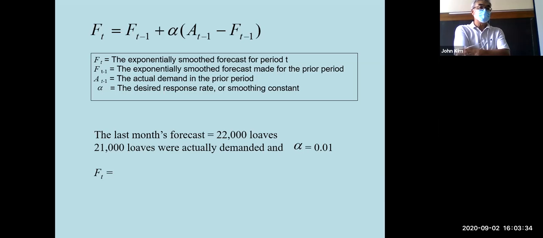A is the actual demand, and F_(t-1) is the forecast one term earlier.